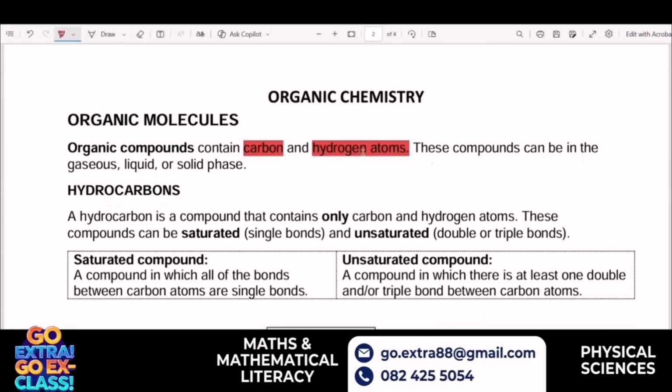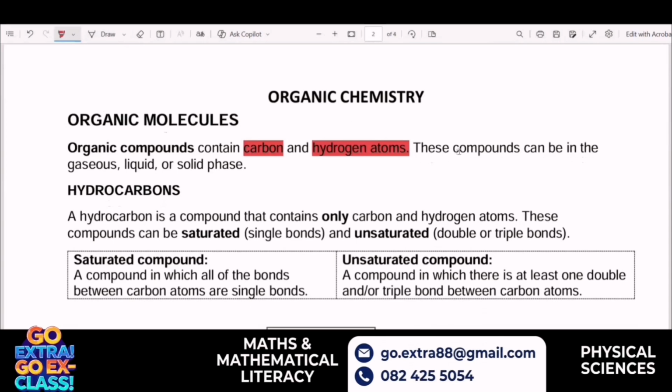Carbon also has other partners besides hydrogen, such as oxygen, and we also talk of halogens. All of these give us organic compounds. So this definition is broad, guys. It is not restricted to only carbon and hydrogen.